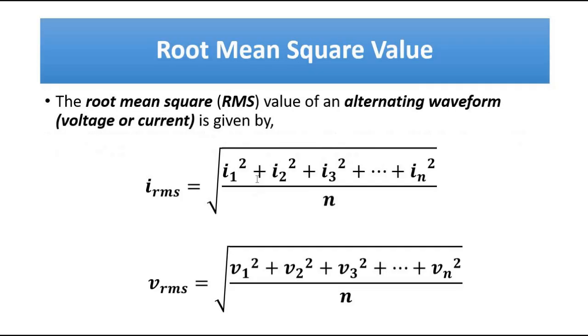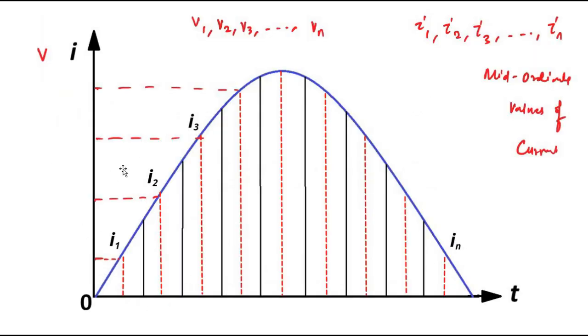Then we have another important parameter which we derive from the mid-ordinate method, that is the root mean square value. Here we proceed in the same manner. Take the positive half cycle, divide it into n parts of equal width on the time axis, then determine the middle portion of each part, the mid-ordinate.